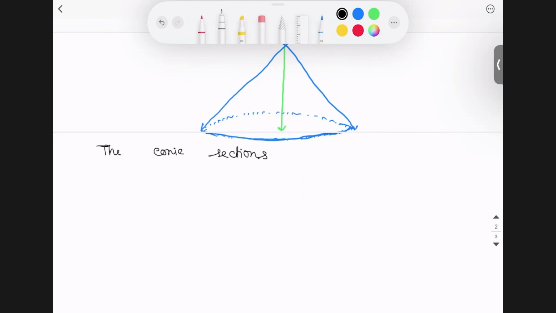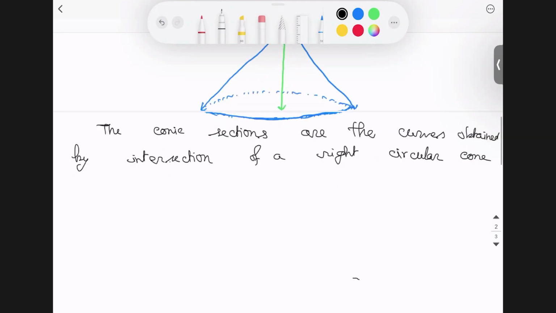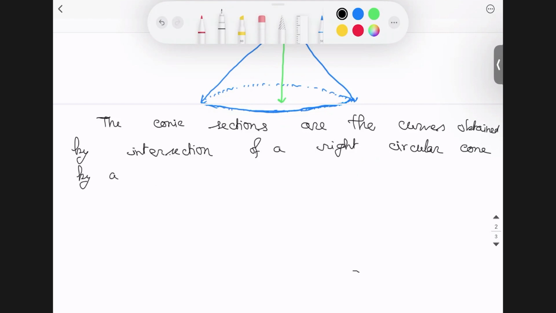The conic sections are the curves obtained by intersection of a right circular cone by a plane.